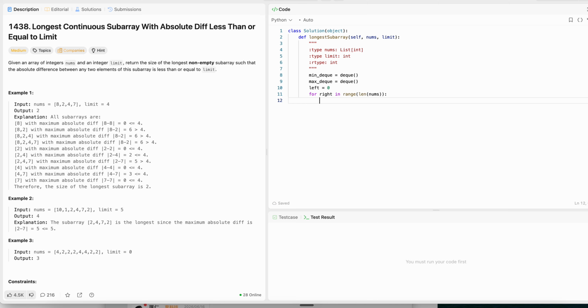Okay, the right integer is... So we try to put it in the deque in a proper way.